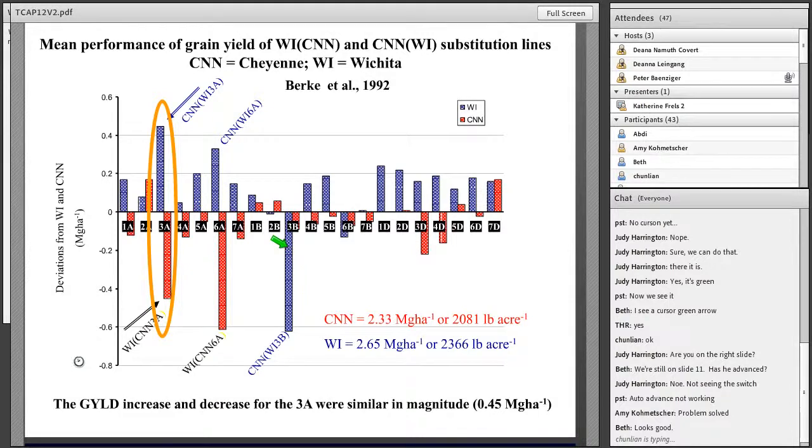What happened here is that Cheyenne's chromosome 3B had its major winter survival genes. Okay?